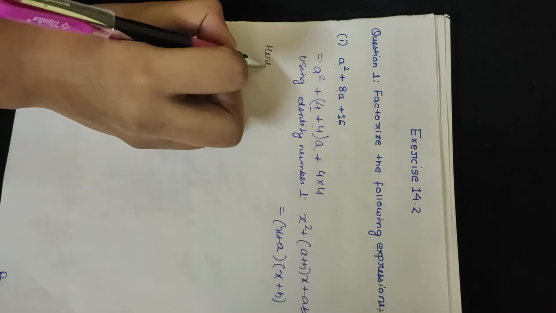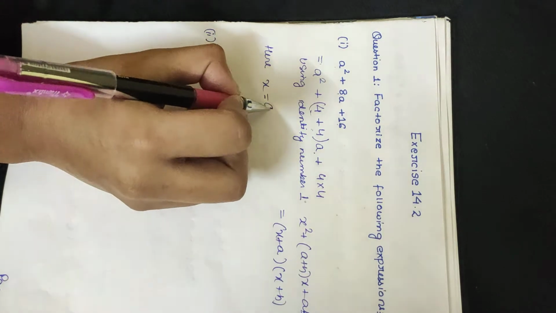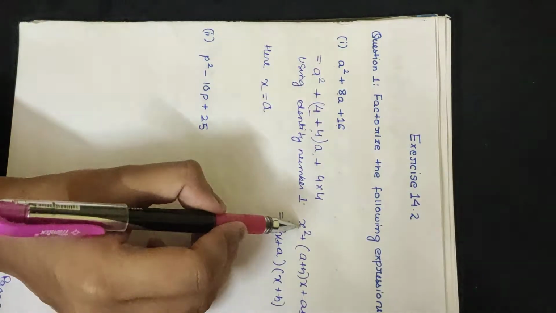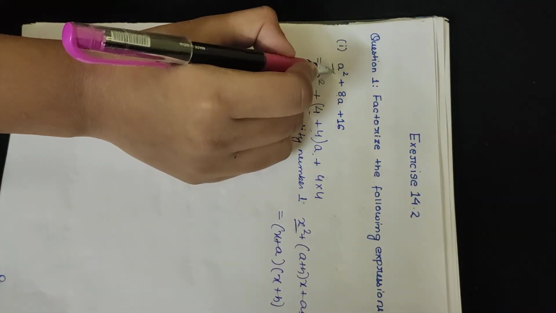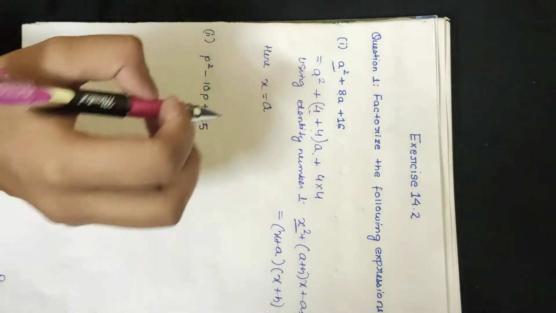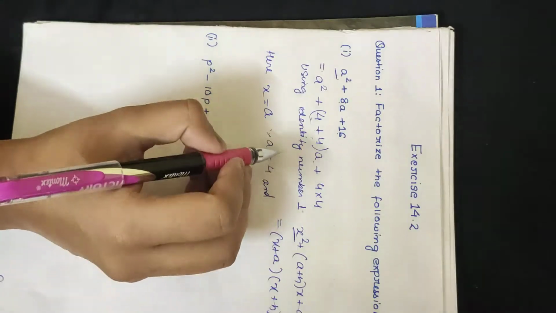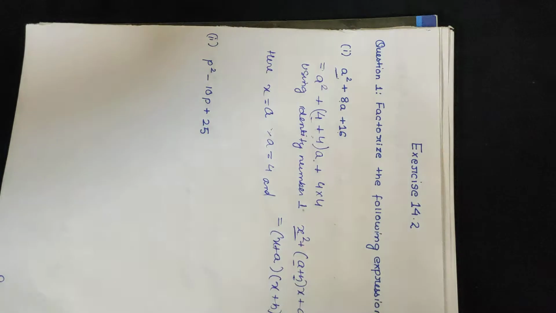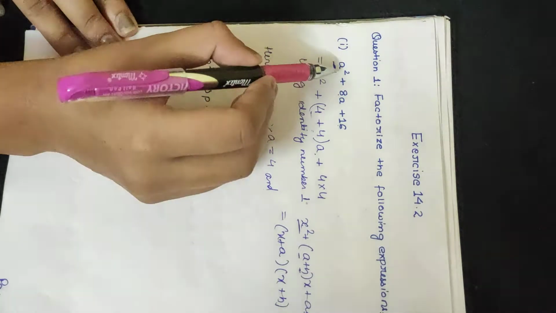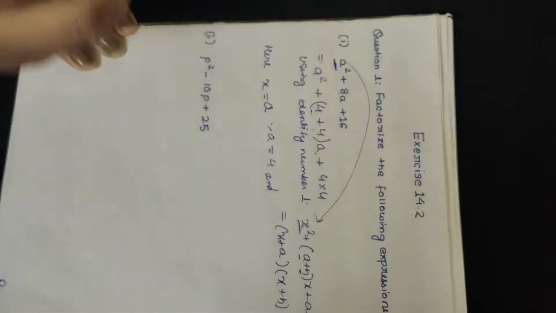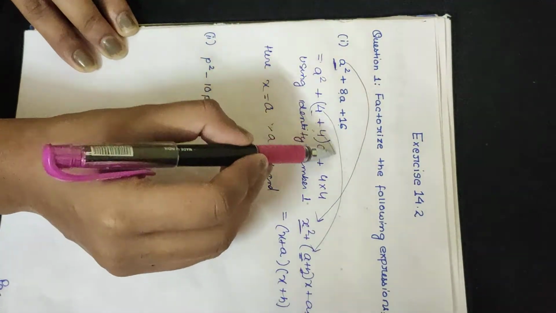So what do we find here? Here we find that x is a. Okay, so our x is a here. And what is the value of a? A turns out to be 4, and b is also 4. So how did we find that a is 4? You are just comparing. If you compare this a and b, a is 4 and b is 4.